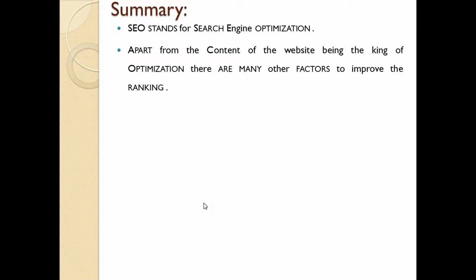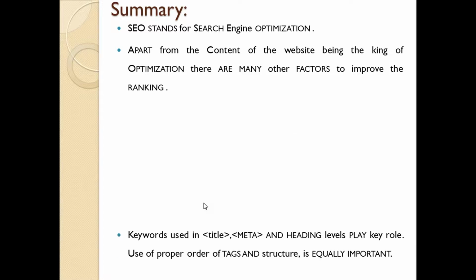So what are they? Number 1, title, meta tag, keywords, for the image etc., whatever you are using. So content is the base important thing of the website. Along with that, there are so many factors to get your website ranked.